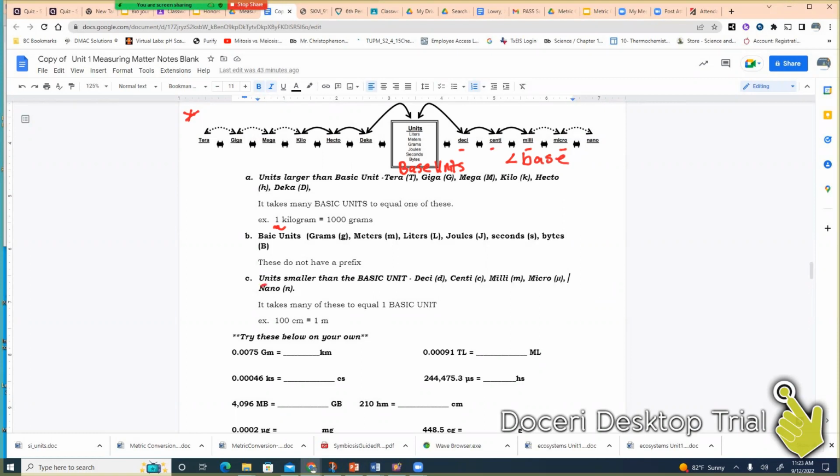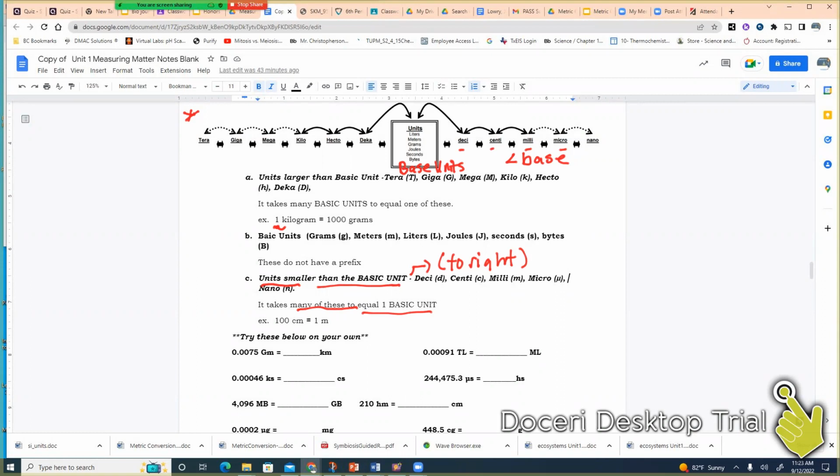So these are units that are smaller than the base, the units to the right. It takes many of those to equal 1 base unit. For instance, centimeter, which we probably use a lot: it takes 100 centimeters to equal 1 meter. So quite a few of the smaller prefixes to equal 1 of the base units.